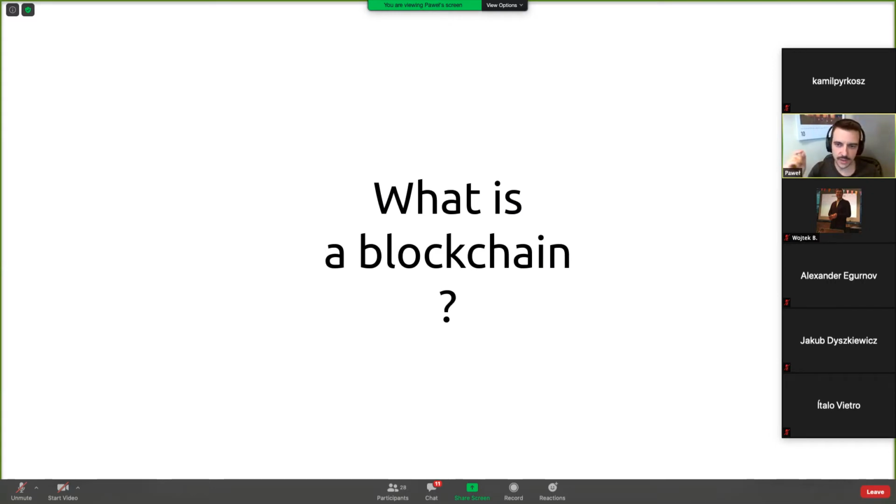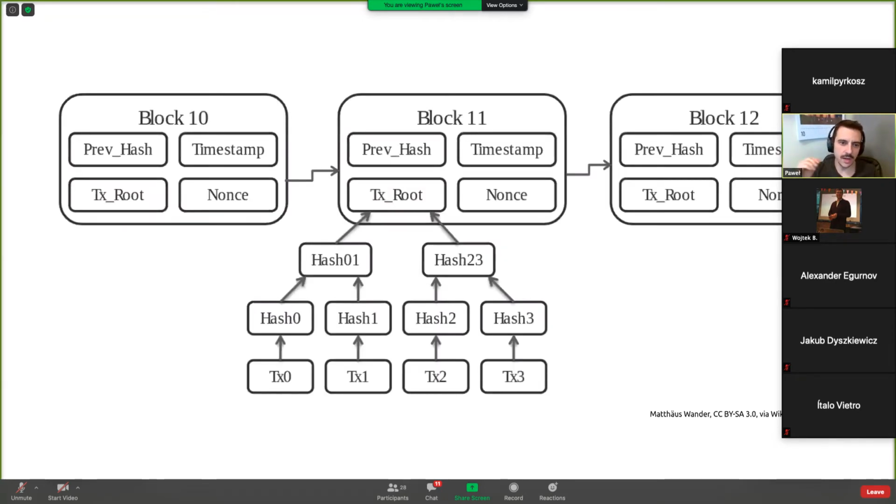So first of all, let's see what is a blockchain. I hope most of you know, but if you don't, I will explain it briefly. Some say a blockchain is a slow database, while in the beginning it has been used for storing music files or video files, which is actually not the purpose of having a blockchain.